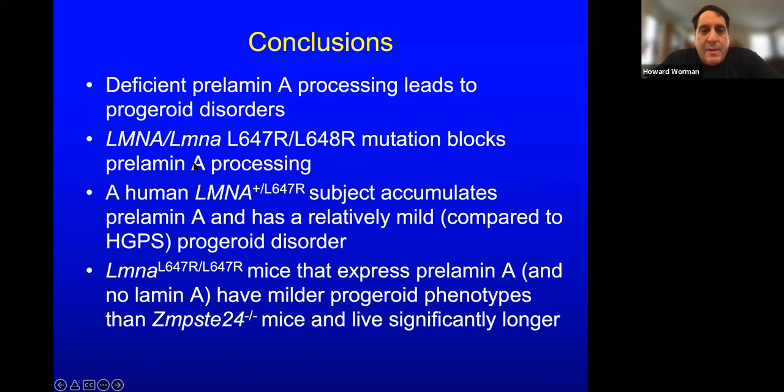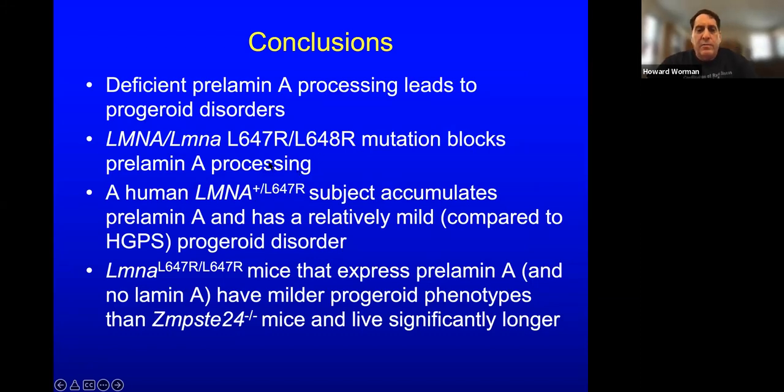So I'm near the end. This is just a set of conclusions. Deficient pre-Lamin A processing, as we all know, leads to progeroid disorders. The LMNA L647R and the mouse L648R mutation blocks pre-Lamin A processing.